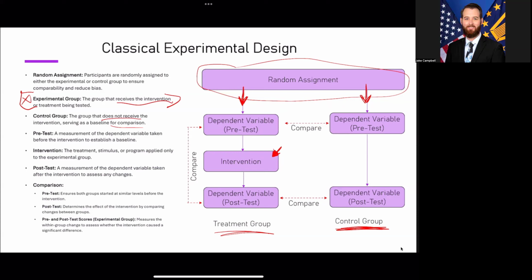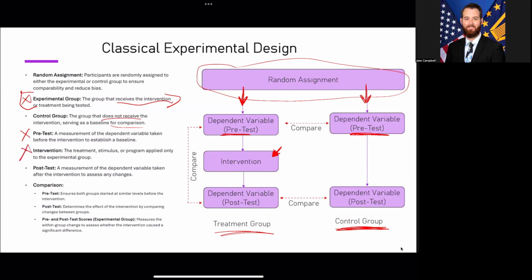Right? In a classical experiment, we always have a pretest, right? That occurs here, right? At the initial outset of the experiment, we collect data on whatever dependent variable or outcome or effect that we're interested in before anyone is manipulated or receives any type of an intervention.